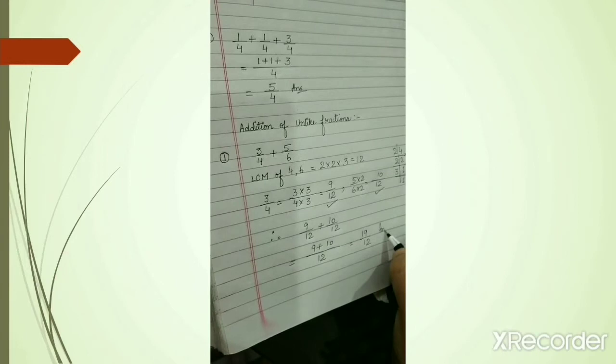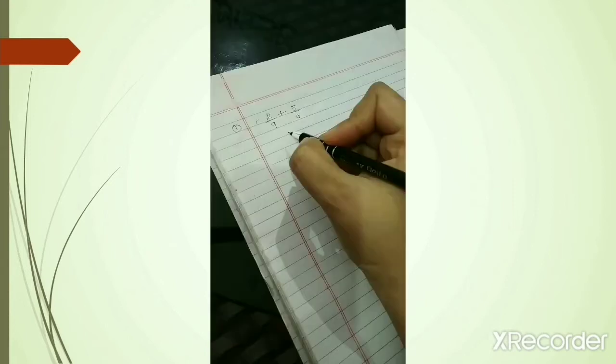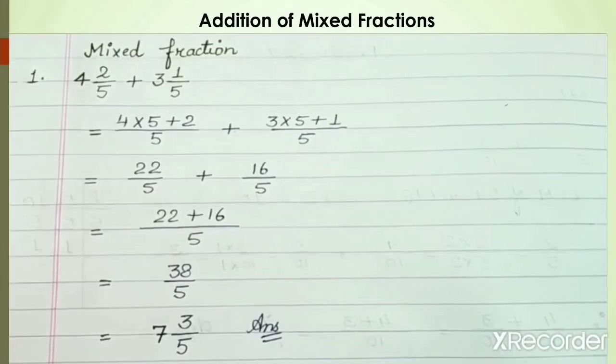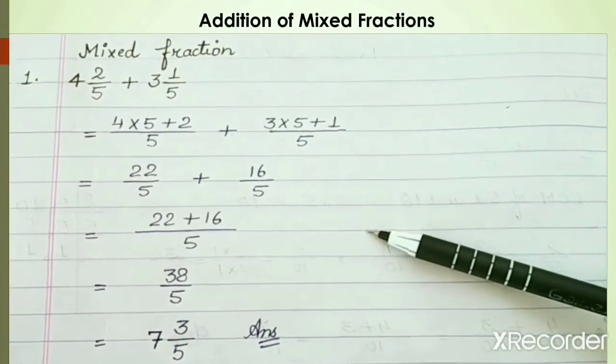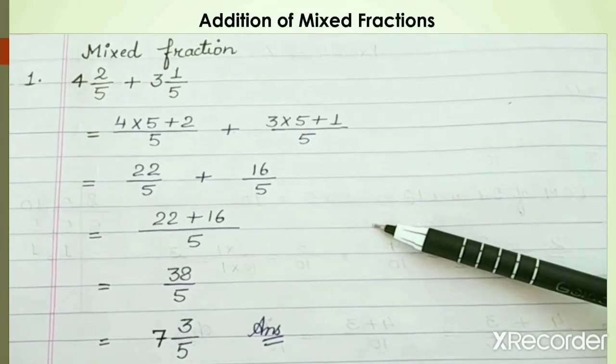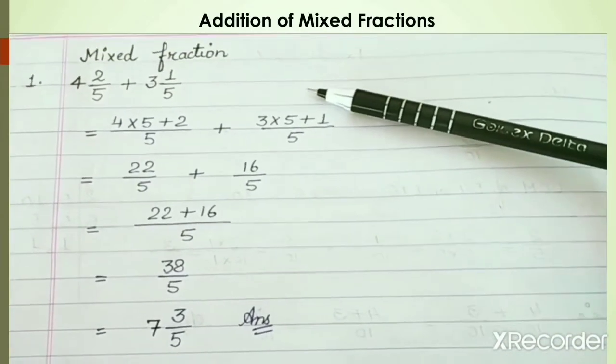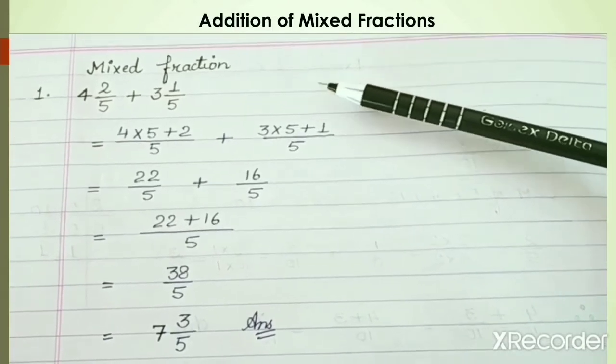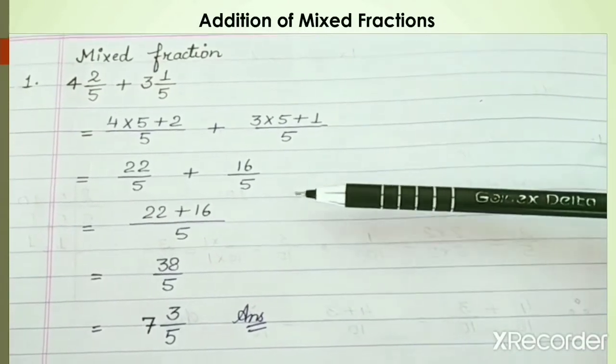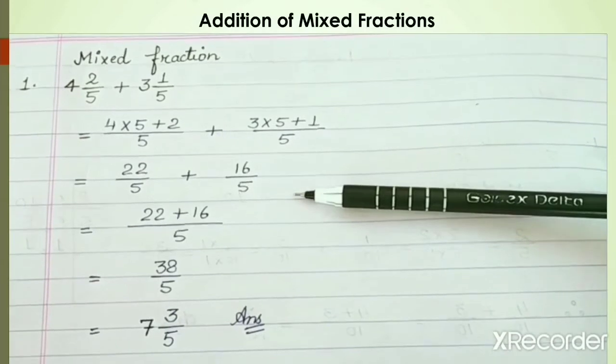So student, next topic is how you can add mixed fractions. Just see this video clip. In this video, we will learn how to add mixed fractions. I have taken one example, 4 whole 2 by 5 plus 3 whole 1 by 5. Convert these mixed fractions into improper fractions. How are you going to convert?